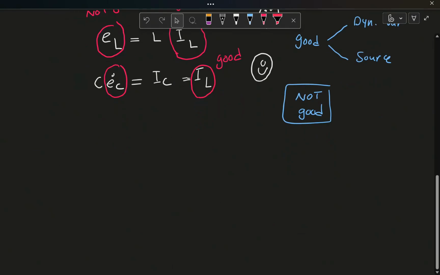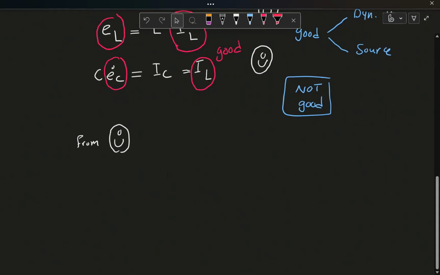From Cyclope, you basically have one of the equations completed. So bring IL to the other side. From Cyclope, you have C E dot C minus IL equal to 0.